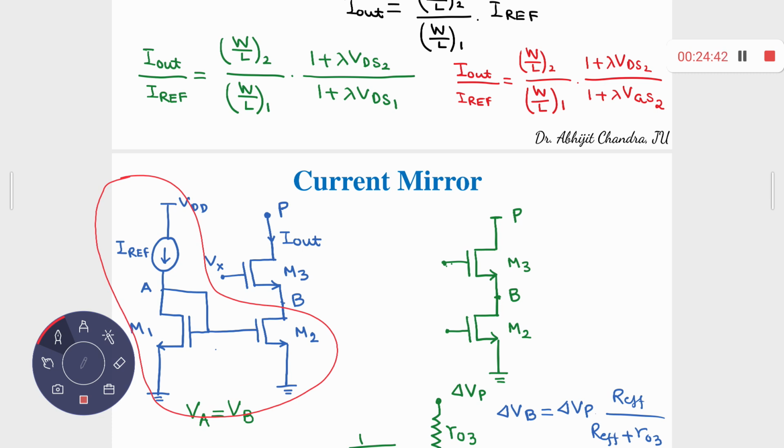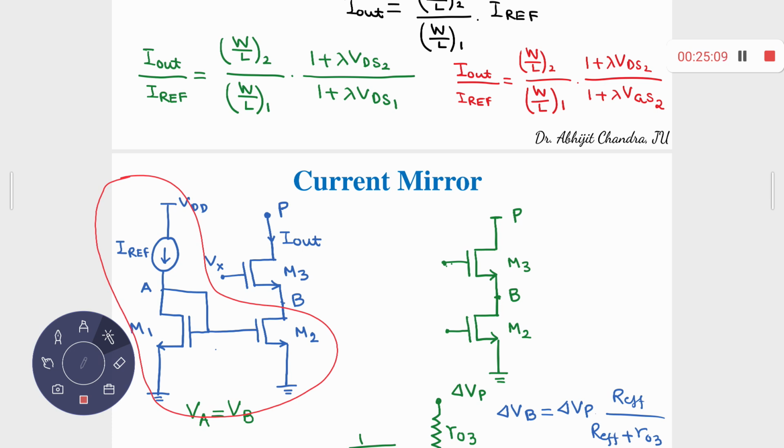We have added another MOS, M3, on top of M2. Can you identify this connection? The cascode connection.